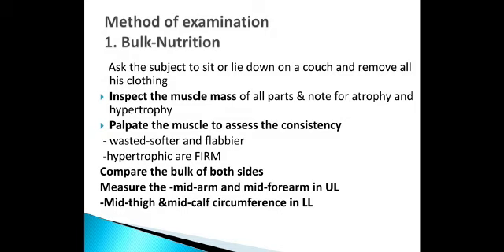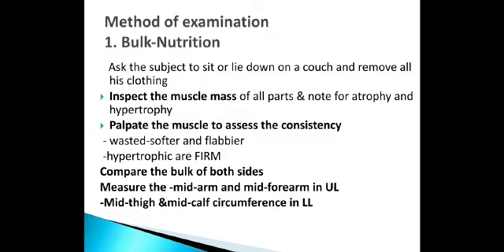Inspect the muscle mass of all parts and note for atrophy and hypertrophy, and palpate the muscle for consistency. It is softer and flabbier in a wasted muscle, and it is firm in hypertrophic muscle. We need to compare the bulk of both sides of the muscle.